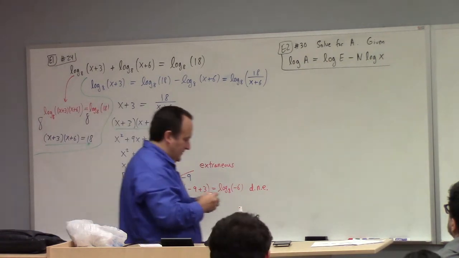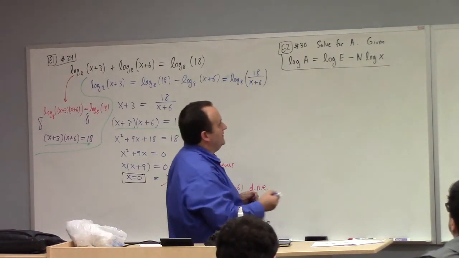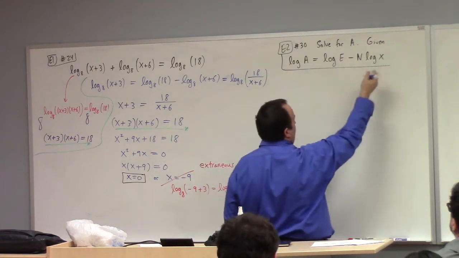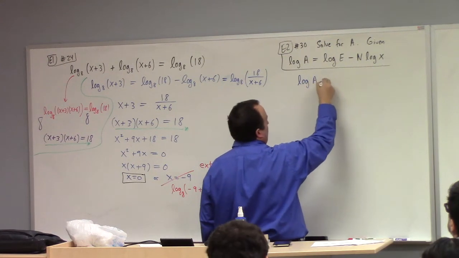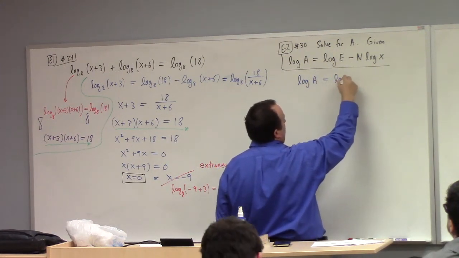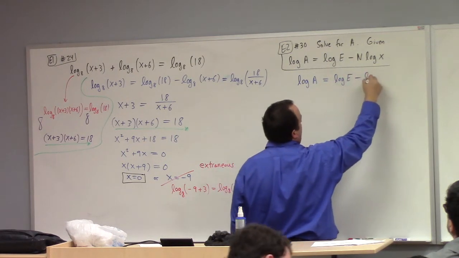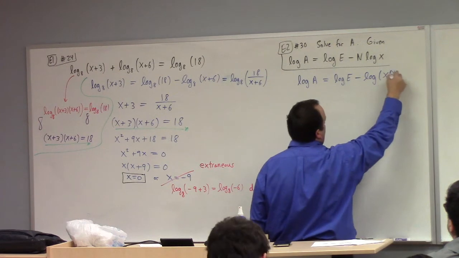So the way I would do this one is to try to simplify the expression with the logs before I solve for A. Sometimes that's a good idea. So how would you simplify this? This is log of E minus the log of what? X to the power what? Yeah, x to the power n, right?